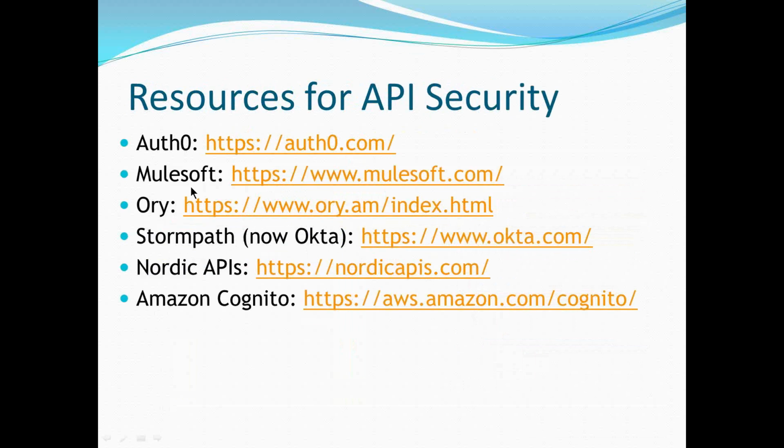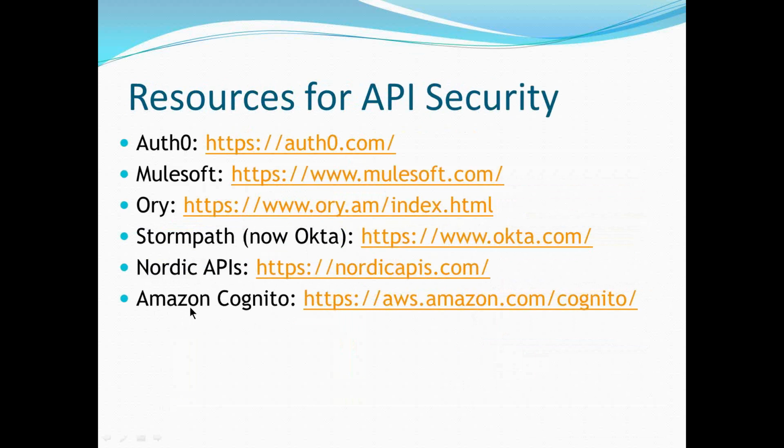MuleSoft is very high on API, and it has a good resource for API security. Nordic API, if you go to YouTube and use this, has tons of API security clips that you can use. Amazon Cognito is one way that utilizes OAuth, but I think this can only be used within Amazon services and not for others.